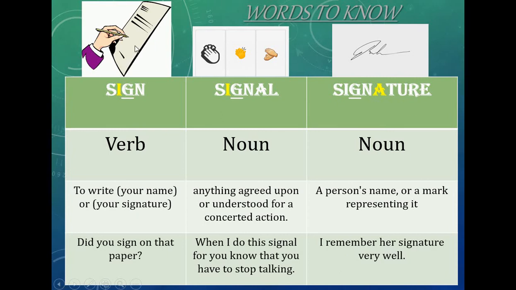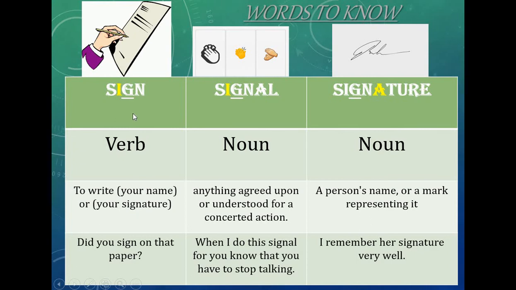Now when somebody asks you to write your signature, he's asking you to sign. Sign is a verb. It means to write your name or your signature. So the verb of doing this is signing. Signature is a noun because it is my drawing or my name as I write it.